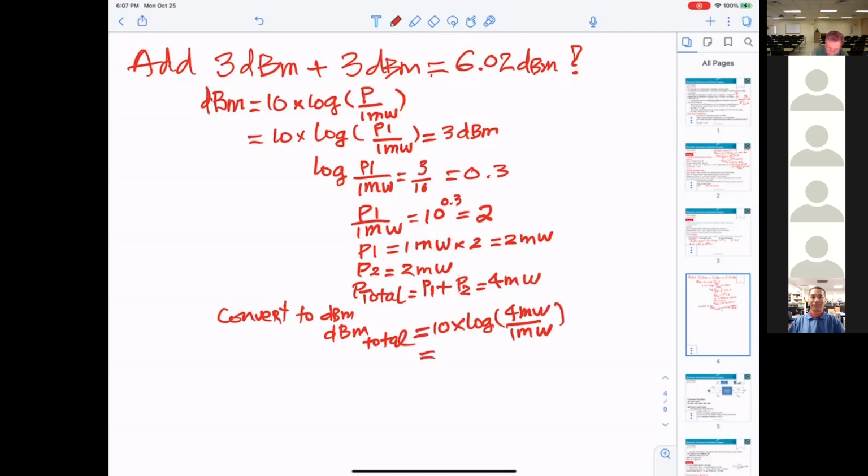Take 10 log of 4 times 10, exactly. 6.02. Okay, so that is the answer.